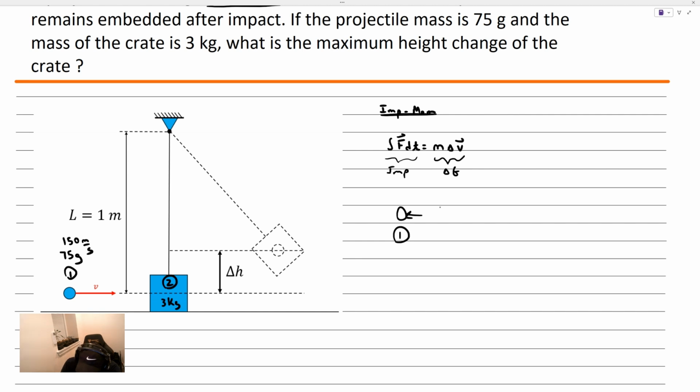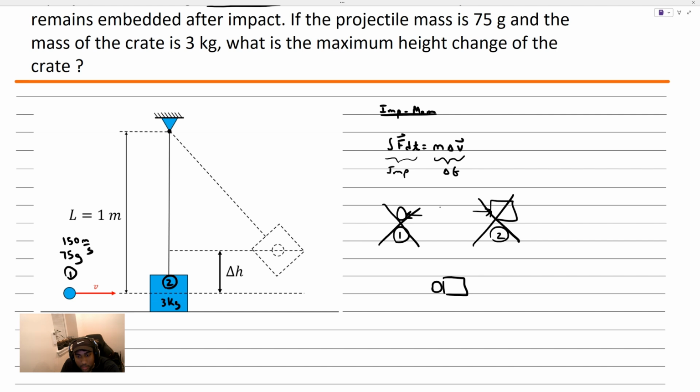Same thing for the crate by itself. There's no impulse until collision, and at that point there's a force that's changing in magnitude as we go into and out of contact. So we can't look at these systems alone. We have to look at the combined ball-crate system.